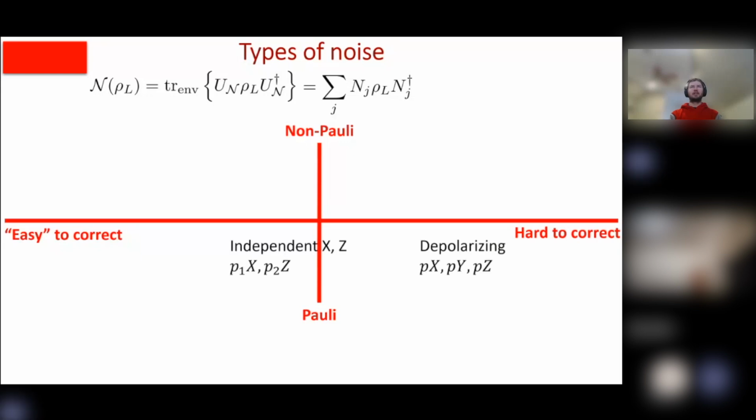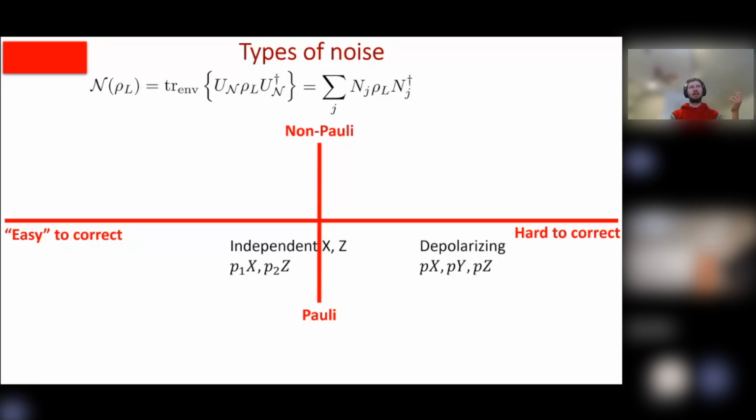So very conventional noise models, toy models, are these examples of Pauli channels where each Kraus operator is a Pauli. Here, independent X Z noise is a combination of channels where one implements an X flip on each qubit with probability P1, and one implements a Z on each qubit with probability P2.